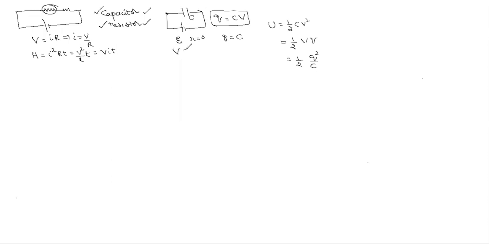V is exactly equal to E. Why? Because R equals 0. That's why we say Q is equal to CE. Look at this formula, Nana. Is the C variable or constant? Constant. What about the EMF? Is it variable or constant?